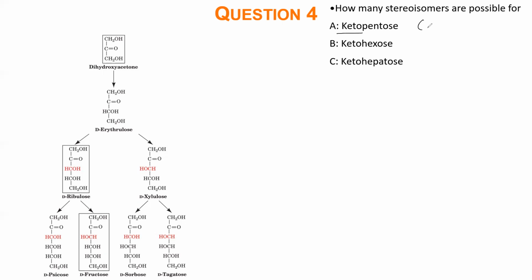That means our carbonyl will be at carbon 2. And a pentose means we have 5 carbons. So let's draw this. So this is a keto pentose.